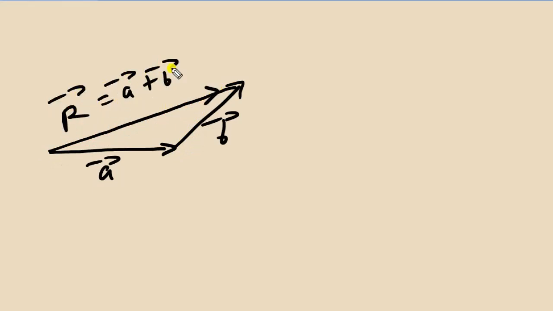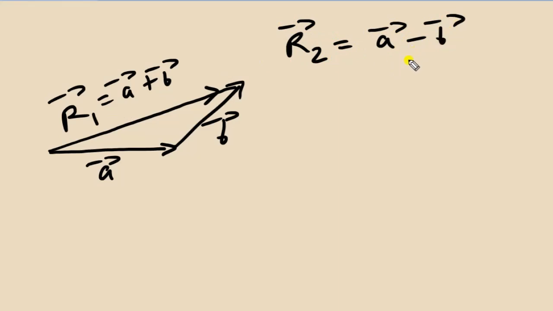Clear? Let's say this is vector r1. Now if I ask you what would be vector r2 representing vector a minus vector b, that is the subtraction of these two vectors, then we can simply write vector a minus vector b as the addition of vector a with negative of vector b.